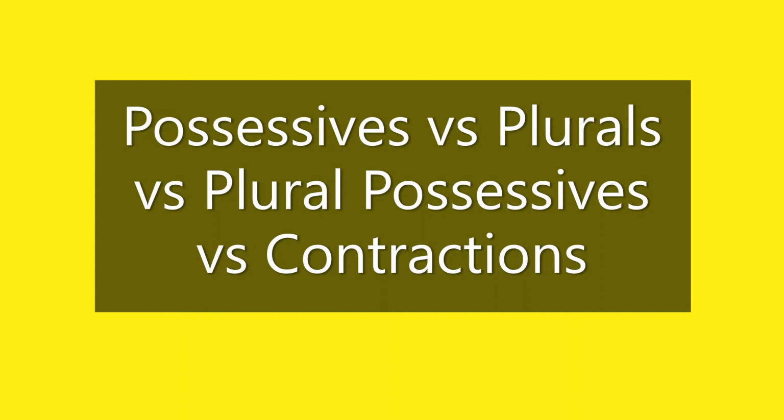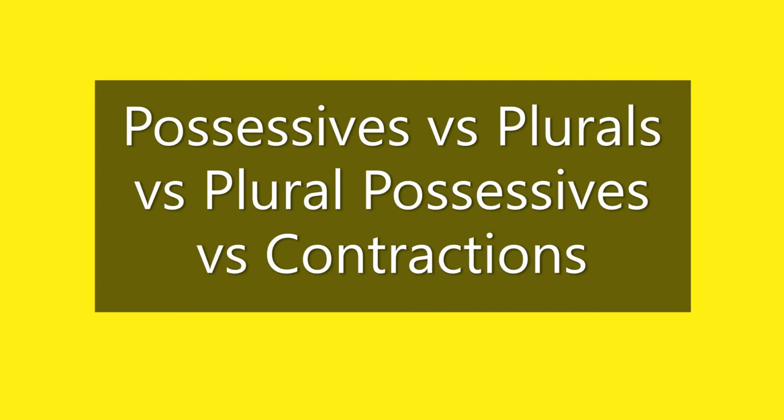So that's a possessive. Plural possessive is when a group of people or a group of objects in general has a possessive trait about something else. So like the students' teacher, if you're talking about multiple students, maybe it's Hannah and Hannah's friend Jeff and then Jeff's friend Jamie, and now you've got the students' teacher.